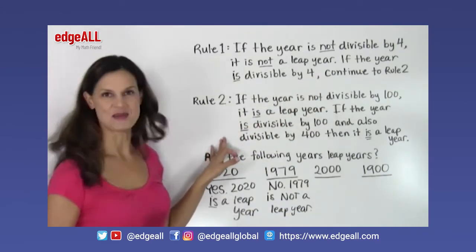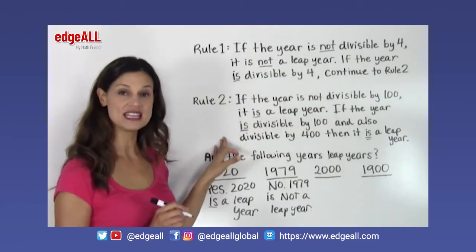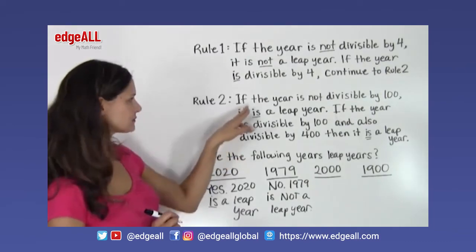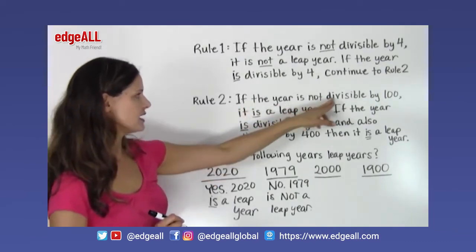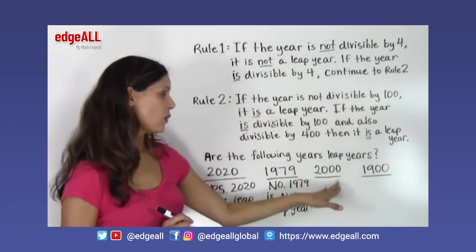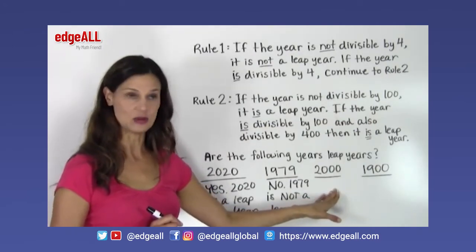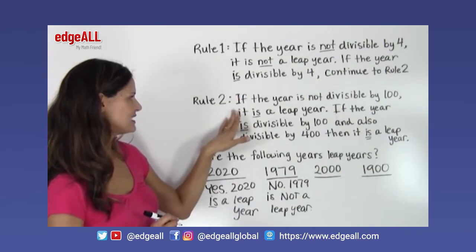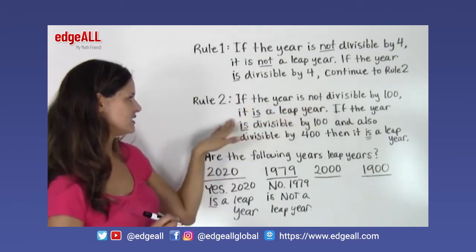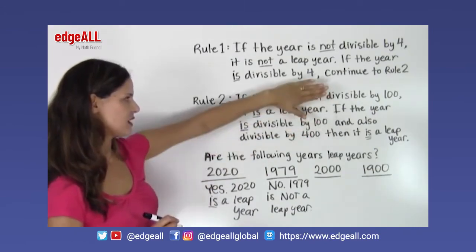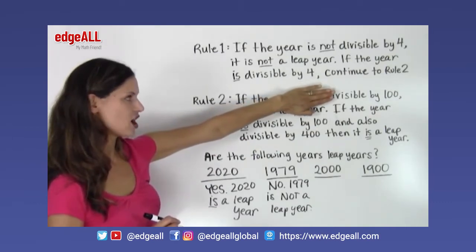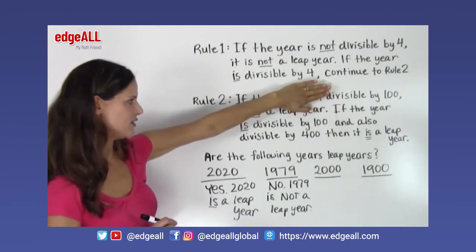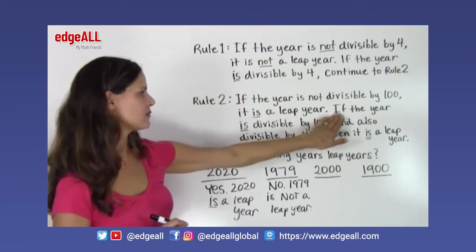Now let's see what happens in rule 2 with the year 2000. If the year is not divisible by 100, well, 2000 is divisible by 100. And so we don't have to pay attention to this first line. If the year is not divisible by 100, it is a leap year. We're not on that line because our year is divisible by 100. So we move here to this second part of the rule.